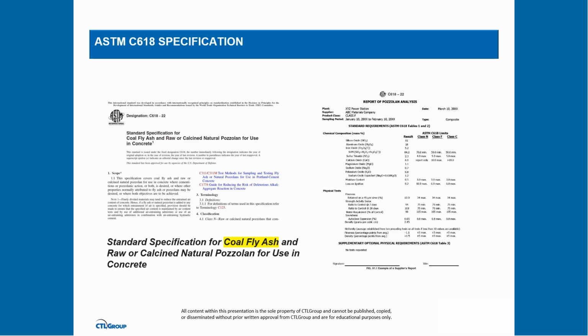There are physical tests that need to be performed, like fineness, strength activity index, and so forth. All these properties are very important. We need to test them and make sure that it meets this specification in order for us to use it in concrete.